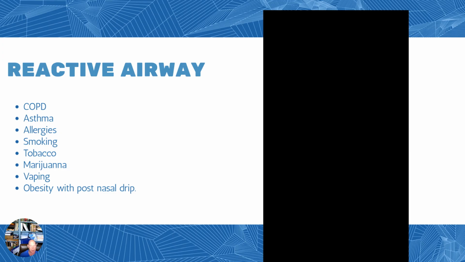Patients that have a normal airway, you'll see an exchange of oxygen and carbon dioxide with having no problem. When a patient has a reactive airway, such as chronic obstructive pulmonary disease or asthma or allergies, or if they smoke tobacco or marijuana, or they vape, what happens is that during exhalation, obstruction occurs, and there is not really good exchange of gases during that time.